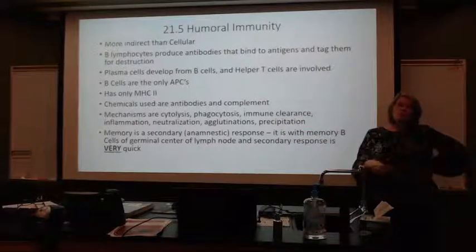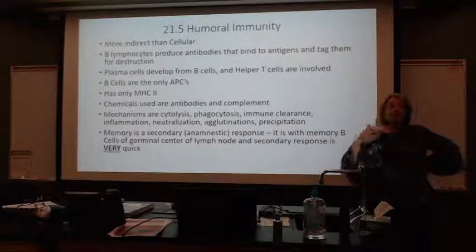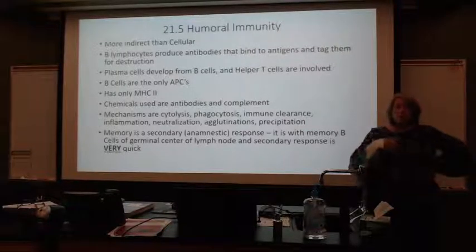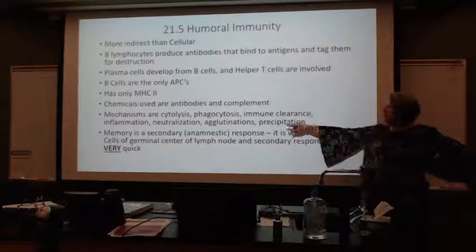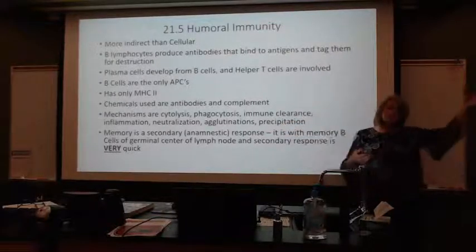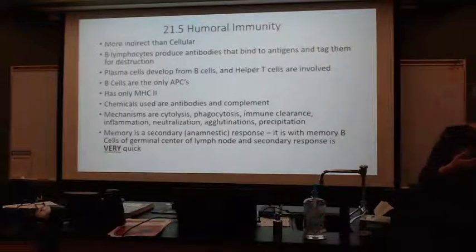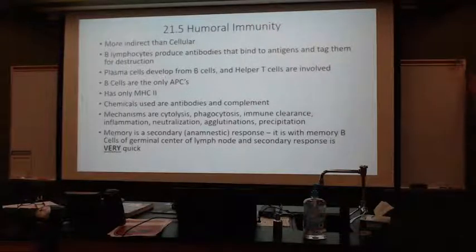Neutralization would be chemicals that would create environments that are not going to be conducive to it. Agglutination, because with an antibody having the structure that it has, it can attach an antigen, and then if I've created other antibodies, they can attach it and attach it. And if we agglutinate, they come together.